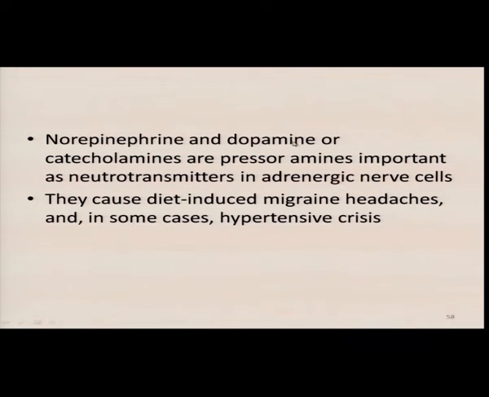Norepinephrine and dopamine, the catecholamines, are all pressor amines which are important as neurotransmitters in adrenergic nerve cells. These cause diet-induced migraine headaches and in some cases hypertensive crisis. So in many cases the formation of these pressor amines, especially if they are going to affect the neurotransmitters in the adrenergic nerve cells, can cause diet-induced migraine headaches.